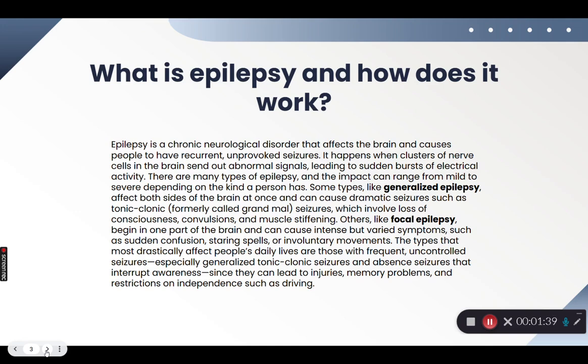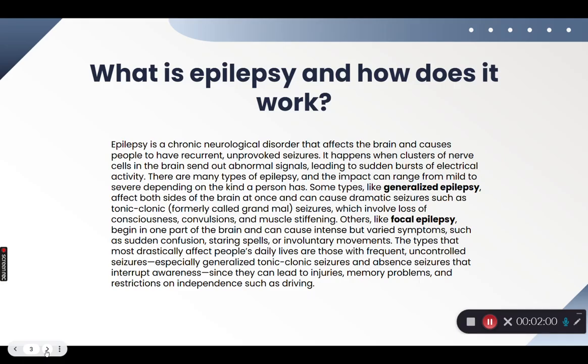Some people can stare off, and those are more focal seizures, and sometimes they are present during those and will be able to tell you what is going on just in case something more drastic happens. Usually generalized epilepsy can depend.